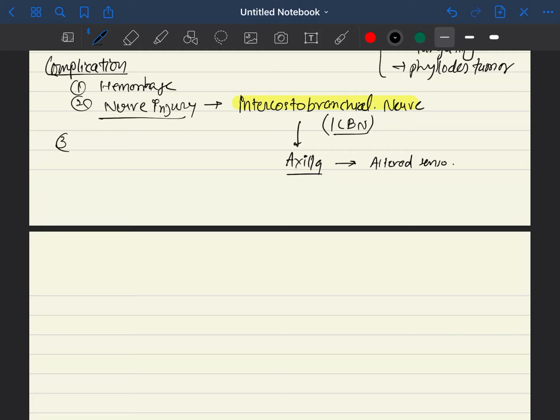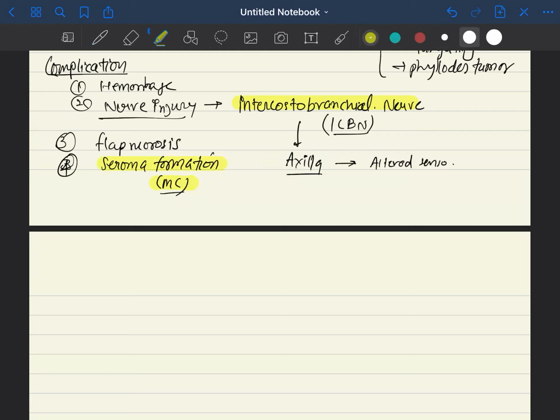Also there is flap necrosis. When we do the surgery, we open the breast, so there can be flap necrosis, and the most common complication is seroma formation.